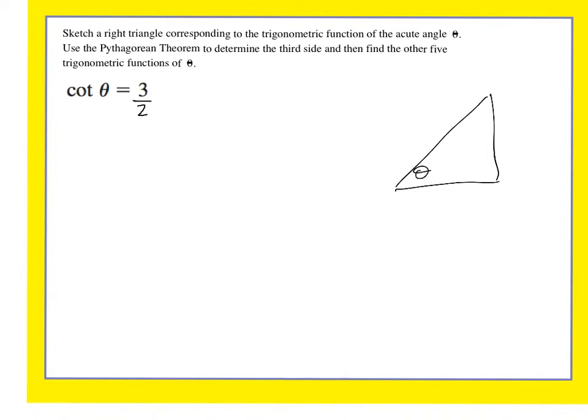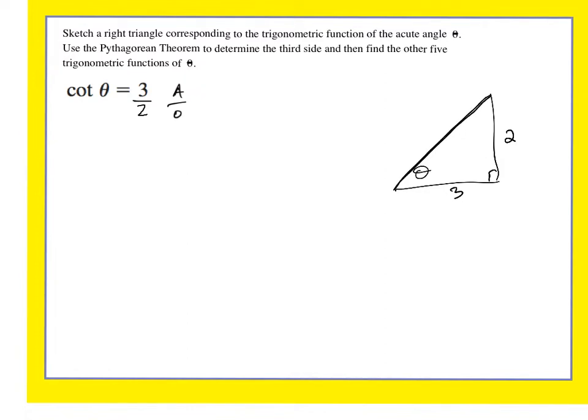We're going to have domain restrictions on this soon, but right now we're just going to draw it in the first quadrant. Well, what's cotangent? Adjacent over opposite. So my adjacent, next to, would be 3, and then my opposite would be 2.